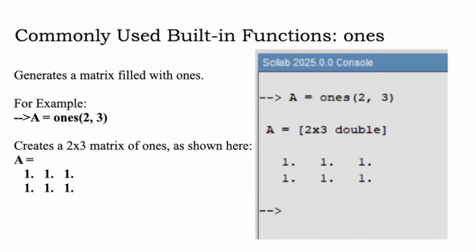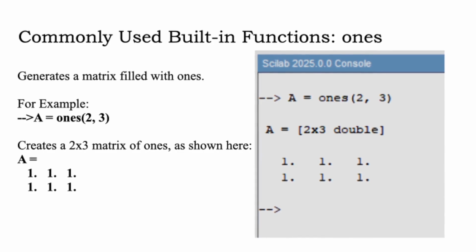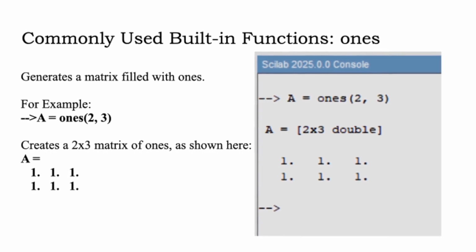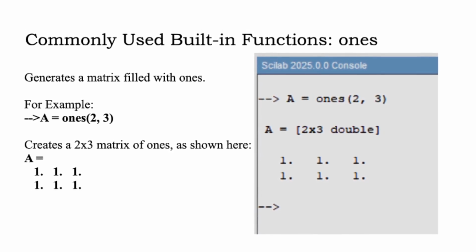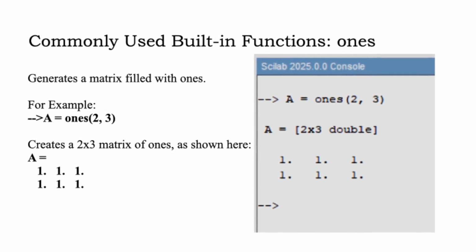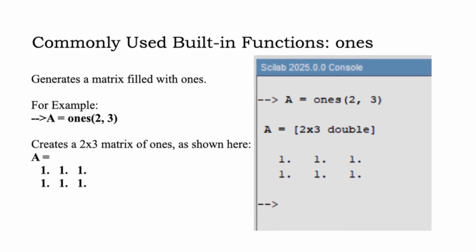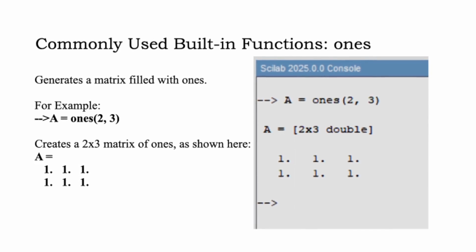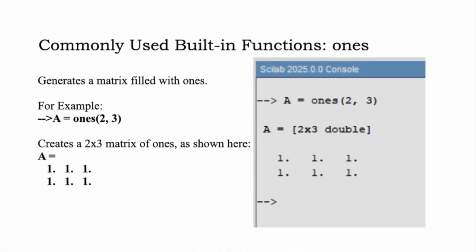The next function is ones. ones generates a matrix filled with ones. For example, capital A equal to ones within bracket 2, 3 creates a 2 by 3 matrix of ones as shown here.